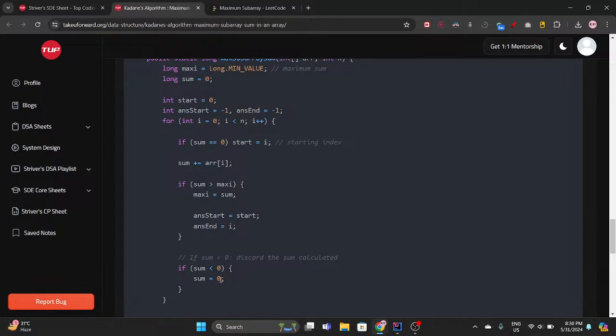So see, sum is equal to zero, start is equal to I. So this is what I was saying. You can write it over here also, yes or no.